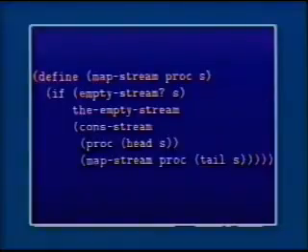This is the procedure map that we did with lists. And you see it's exactly map, except we're testing for empty stream. Oh, I forgot to mention that. Empty stream is like the null test. So if it's empty, we generate the empty stream. Otherwise, we form a new stream whose first element is the procedure applied to the head of the stream, and whose rest is gotten by mapping along with the procedure down the tail of the stream. So that looks exactly like the map procedure we looked at before.